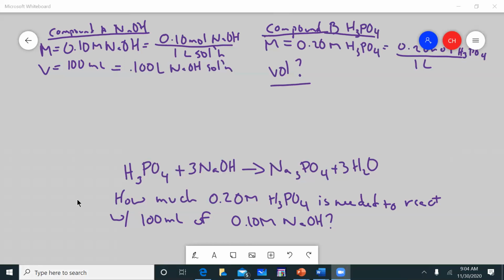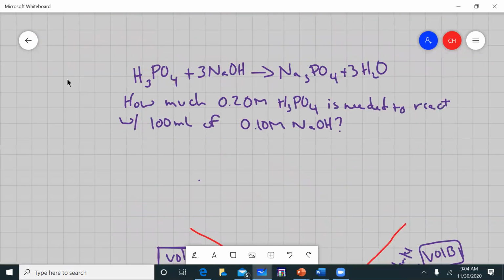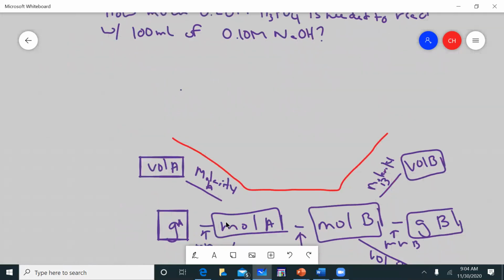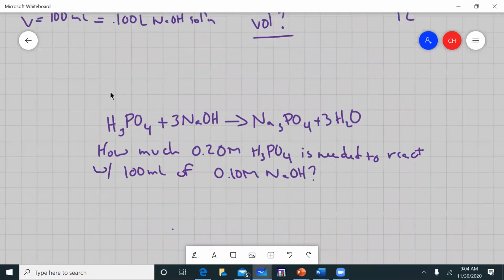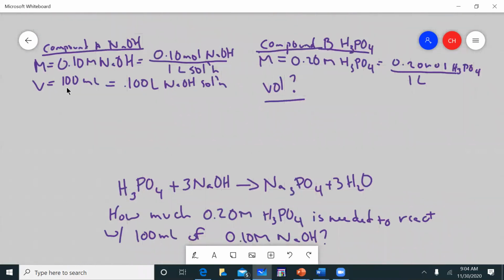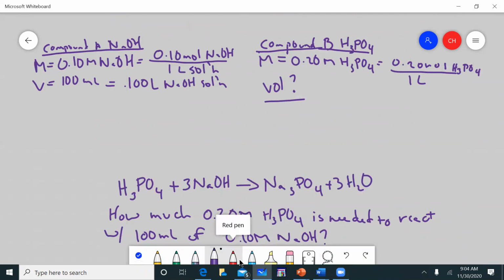All right, so when looking at our flow chart, we want to start with volume A, go into moles of A, then moles of A to moles of B, and then moles of B to volume B. So I start with my volume A, which is conveniently written for me right here. So we have 0.100 liters of NaOH.